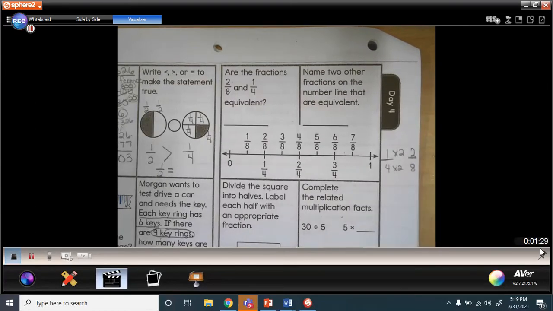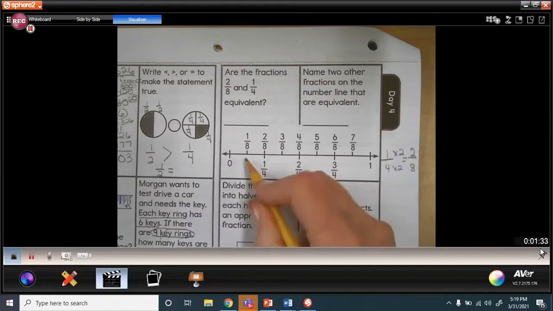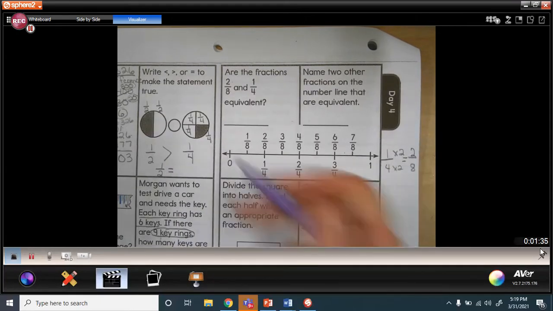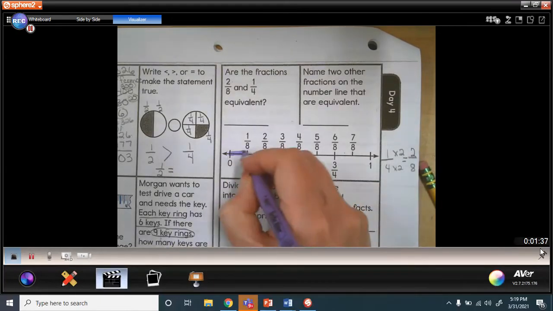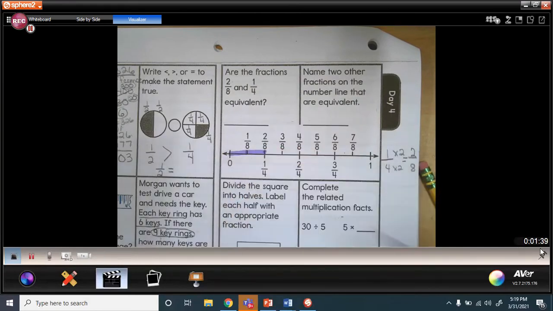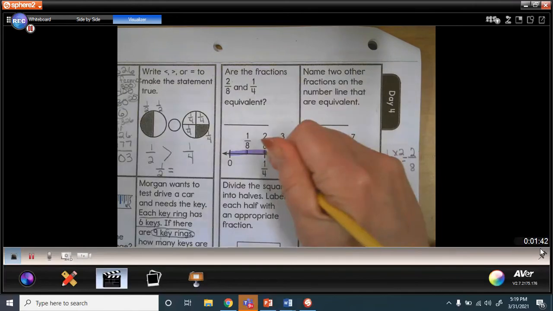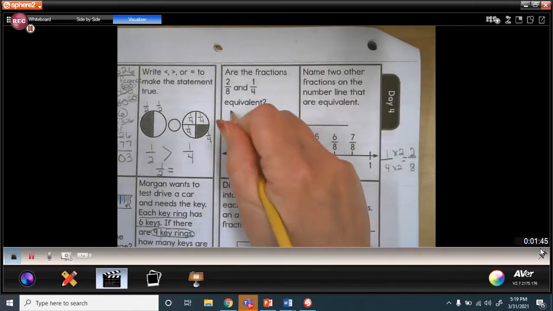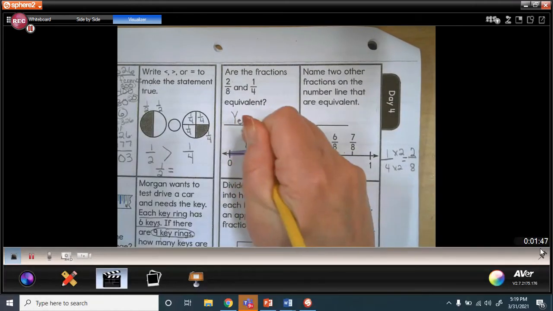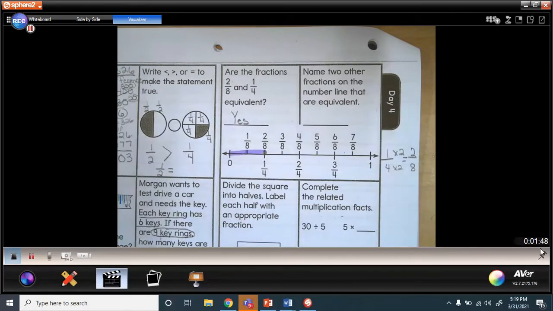So 1/4 is equivalent to 2/8. If you notice here, we have 2/8 to make 1/4. So yes, this is a true statement. They are equal because 2 of the eighths is going to be equivalent to 1 of our fourths.